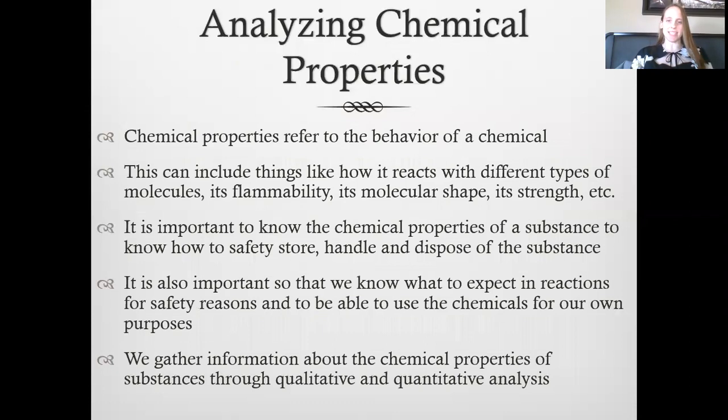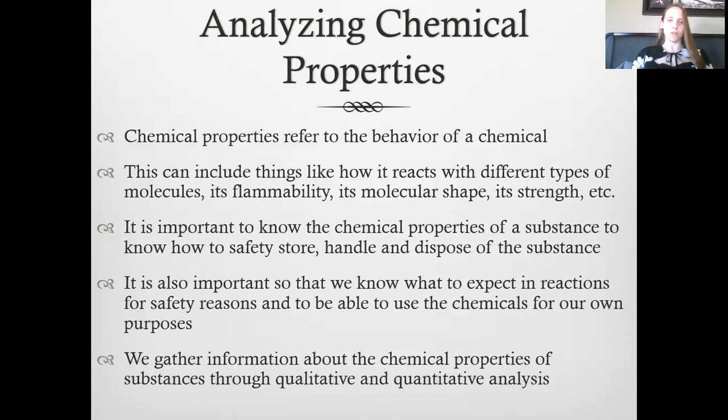So when you're analyzing chemical properties, really what you're looking at is the behavior of the chemical. So how it reacts, how flammable it is, what shape it is, how strongly it reacts, does it have different versions of the same chemical, which are called isomers, is it toxic, all that kind of stuff. It is important to know those different chemical properties so that you can store it and handle it and dispose of it properly.